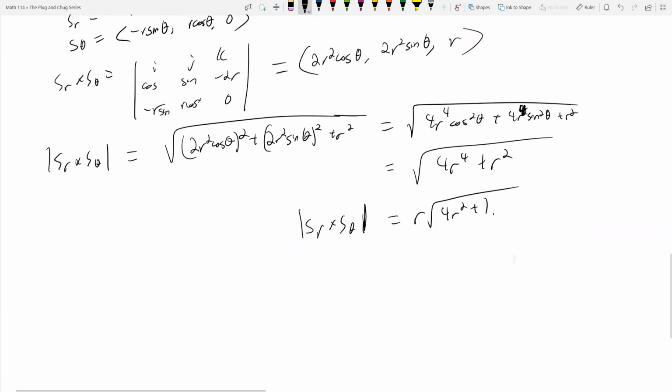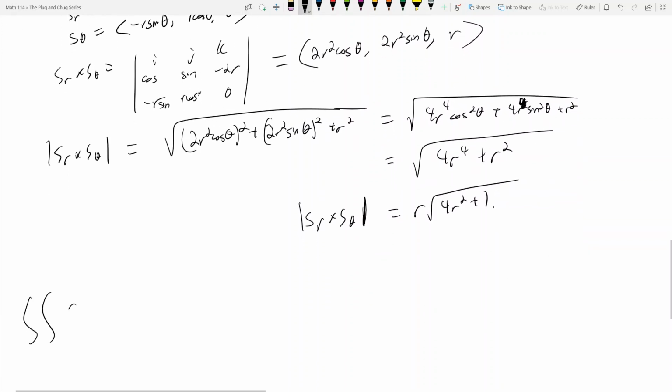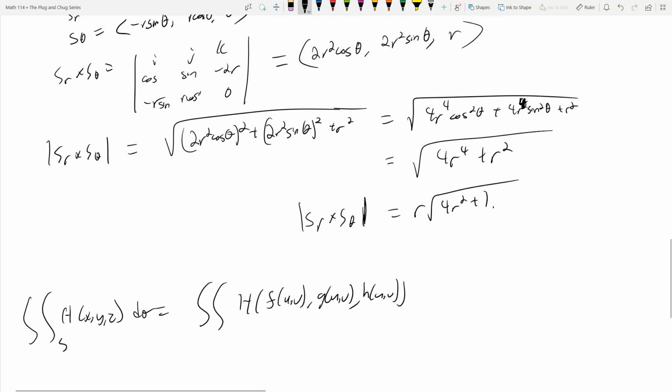And now, the double integral of g of x, y, z, or in our case, h, it's just the name of the function, d sigma over the surface is equal to the double integral of h of f of uv, g of uv, h of uv, times the magnitude of r_u cross r_v, du dv.